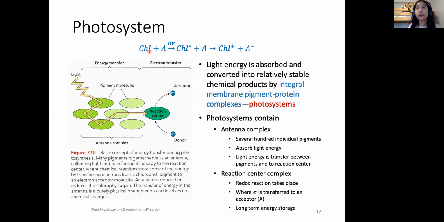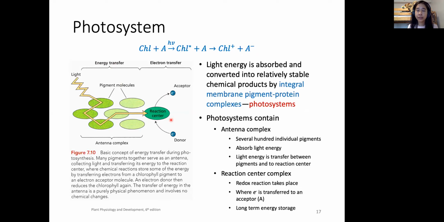Once the chlorophyll gets energy from a photon, which we call hv right here, the chlorophyll will get excited and transfer that electron to an acceptor A, and A will become reduced because it gains an electron. So in the bottom line, a photosystem contains two parts, the antenna complex and the reaction center.